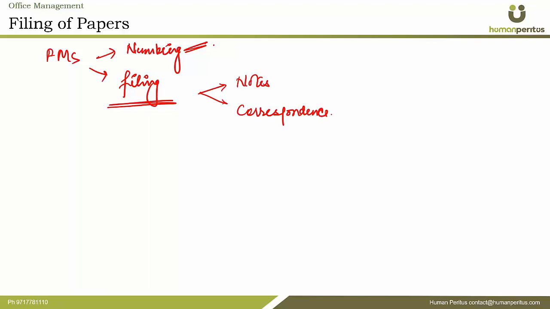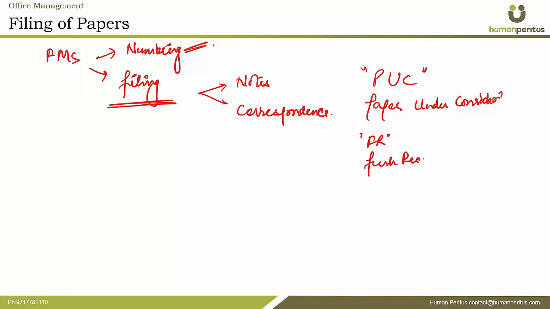So, filing of papers means we need to place the papers under specific heads. For example, the heads are PUC, which is paper under consideration, like we are working upon this consideration, or FR, which is fresh receipt.